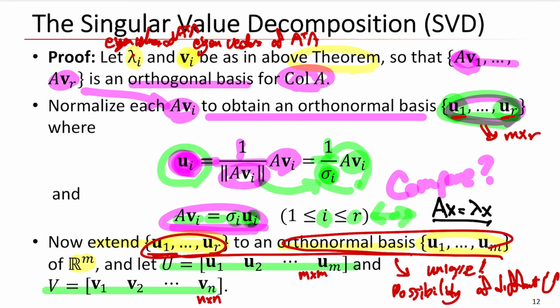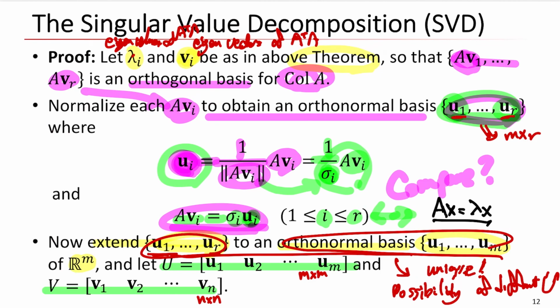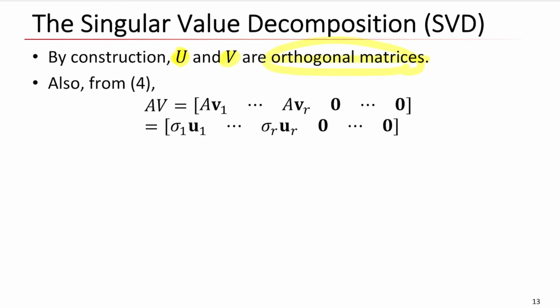Anyway, if we expand this set of vectors to the orthonormal basis, then by construction, matrix U and matrix V are orthogonal matrices, right?